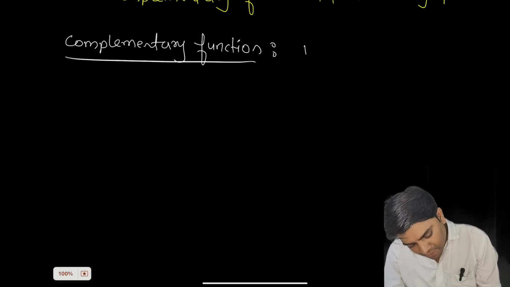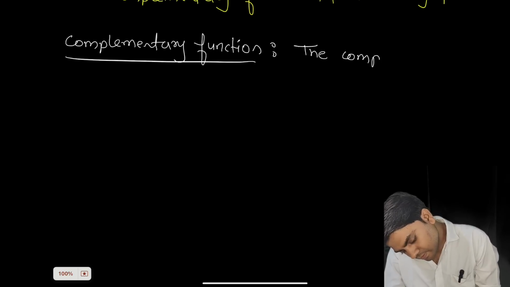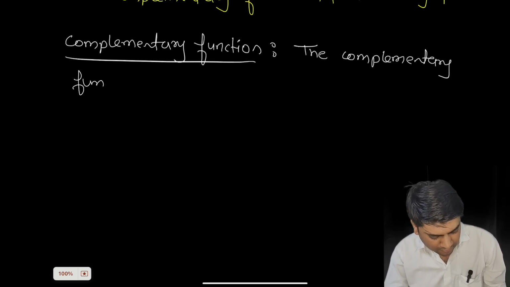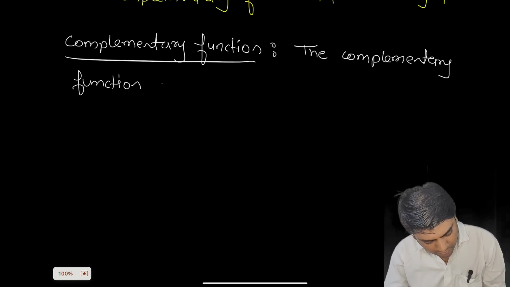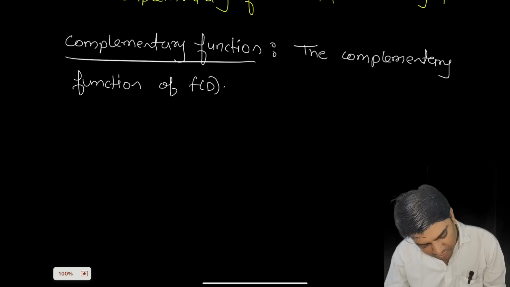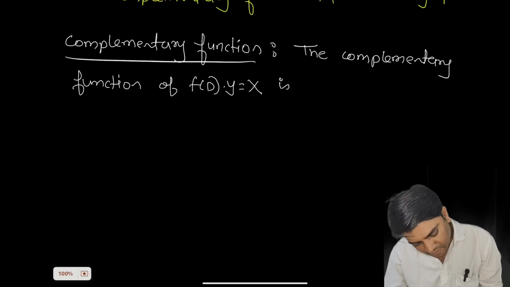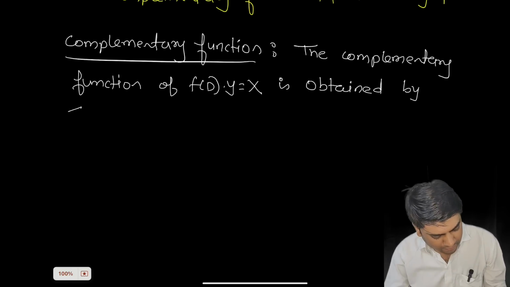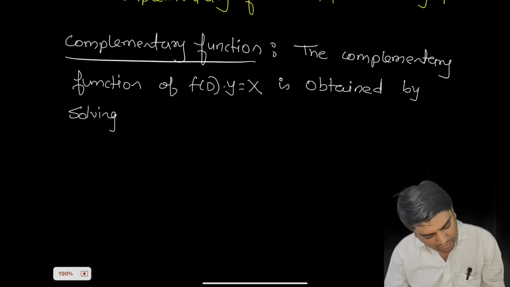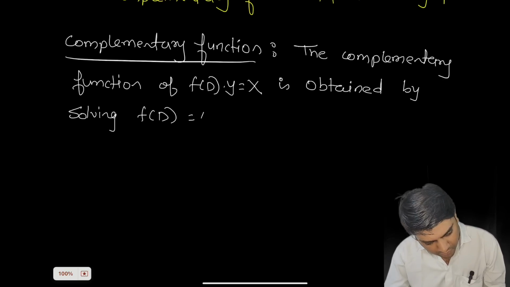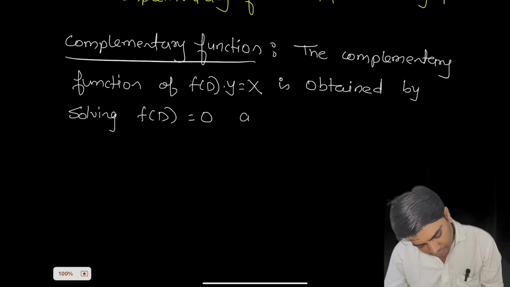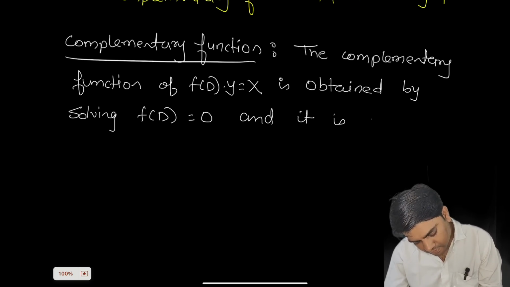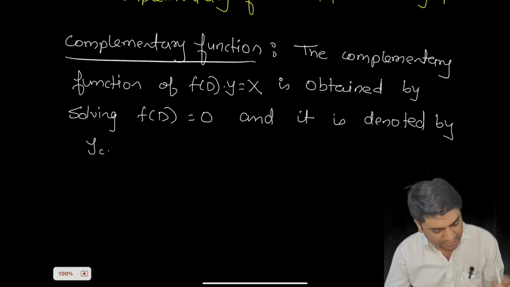So the complementary function of f(D)y = X is obtained by solving f(D) = 0, and it is denoted by yc.